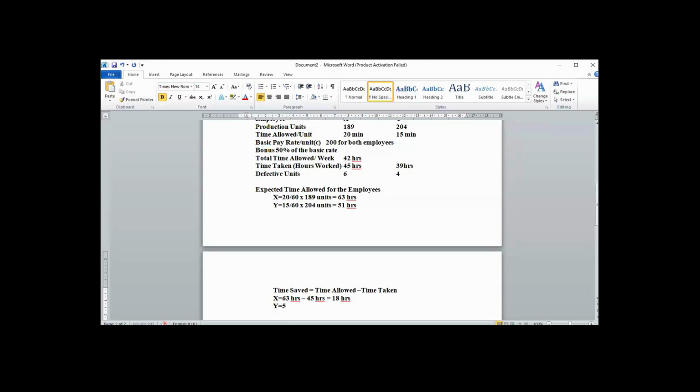Why this one, you use 51 hours minus 39 hours worked? Hours worked is 39. What do we have there? We have 12 hours. Is it clear?